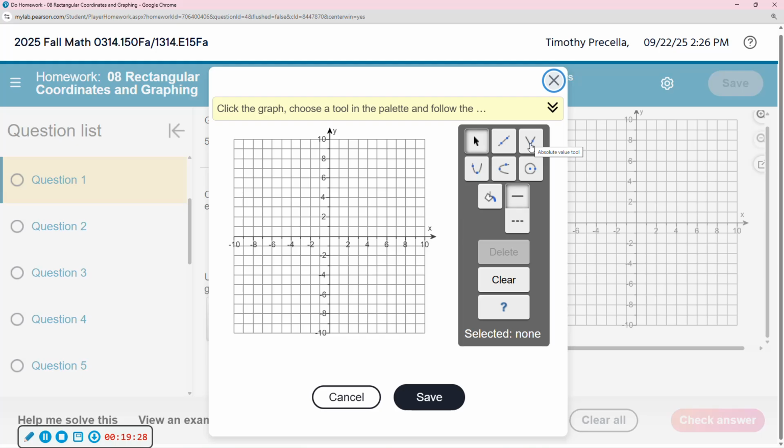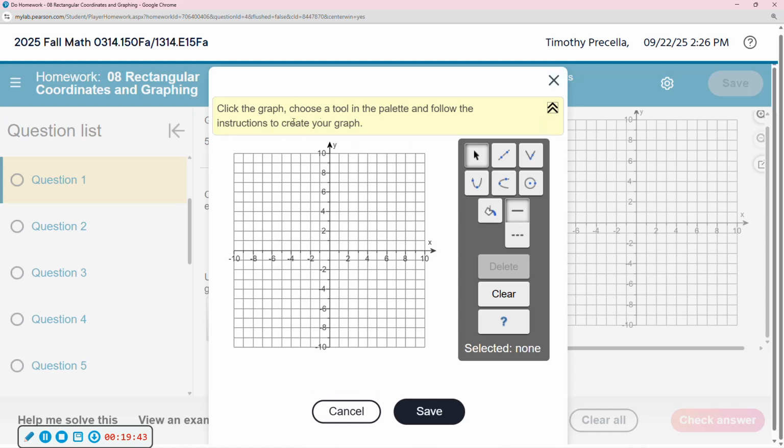You'll know when to use that tool. And then a circle. But the thing that we're using on this one is a line. So you click the line tool, and then you'll follow the little yellow instructions there. I'm going to click line tool.